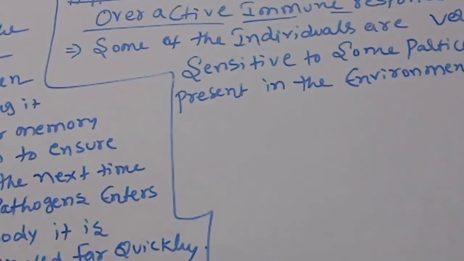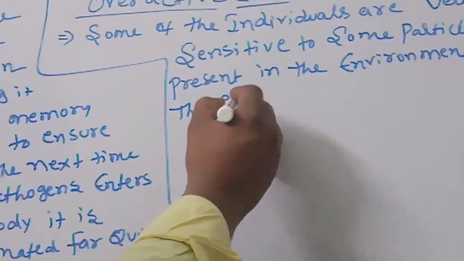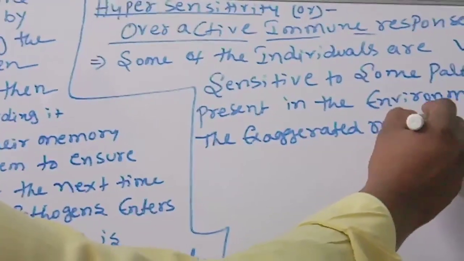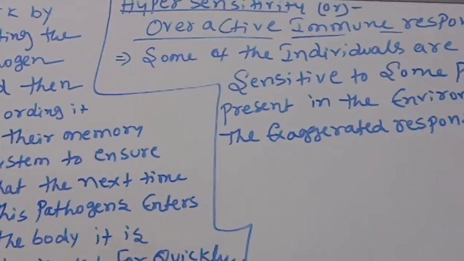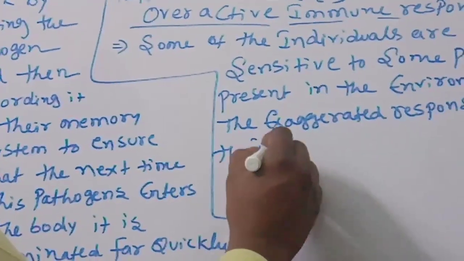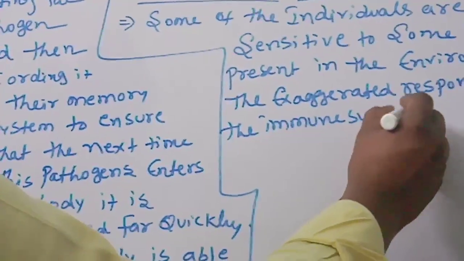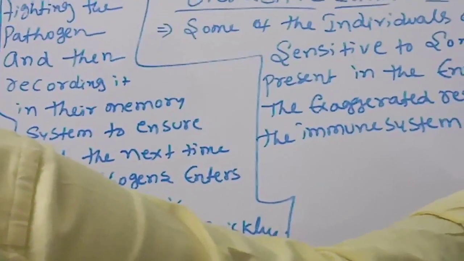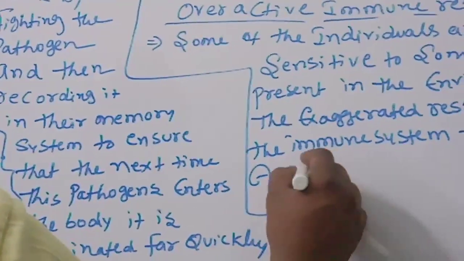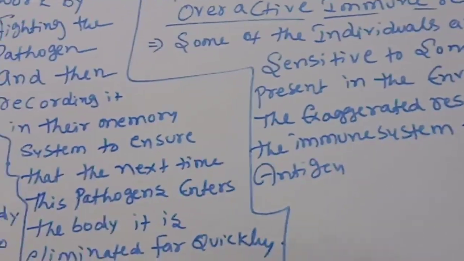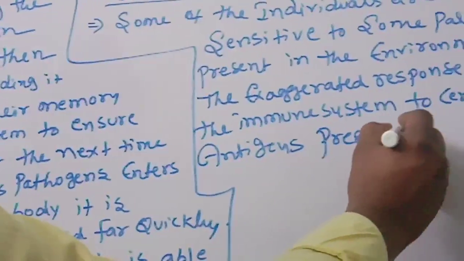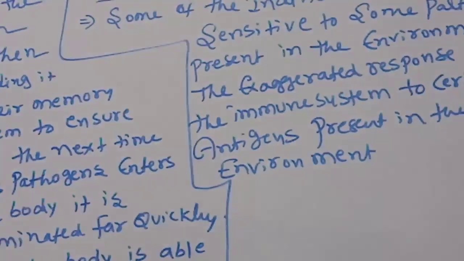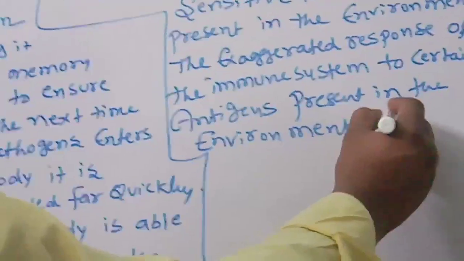The exaggerated response of the immune system, very important, the exaggerated response of the immune system to certain antigens present in the environment is called allergy.